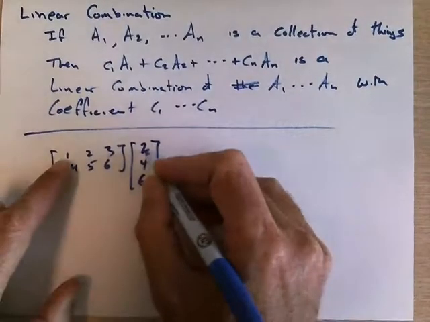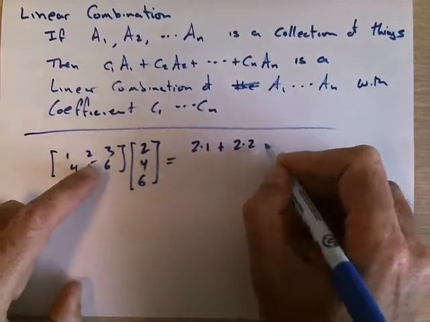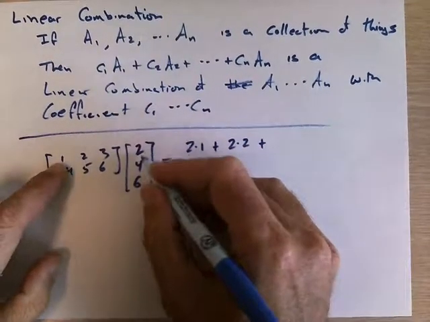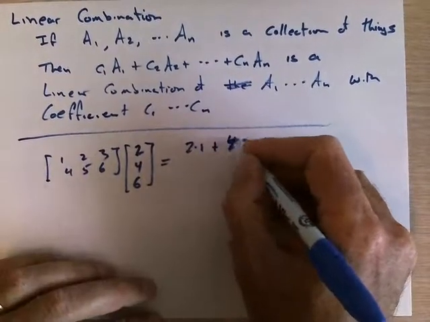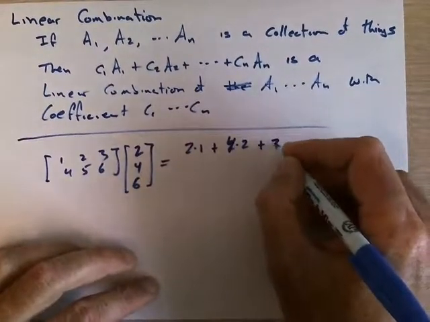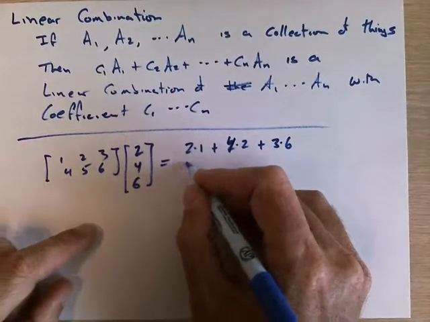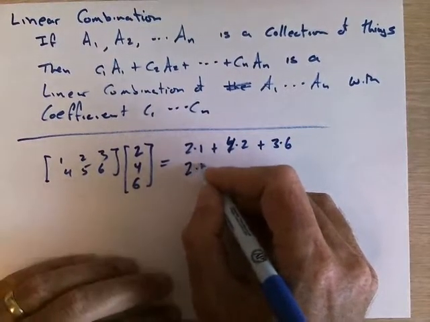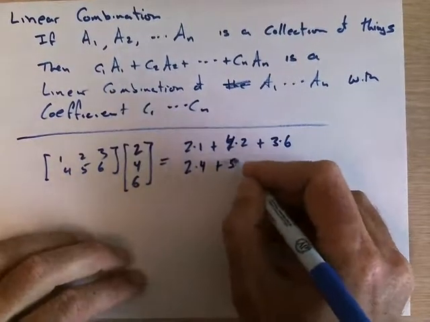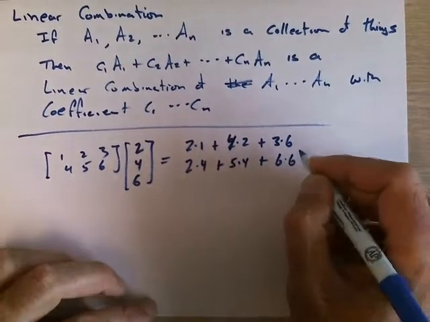This would be 2 times 1 plus 4 times 2 plus 6 times 3, and then this would be 2 times 4 plus 4 times 5 plus 6 times 6.